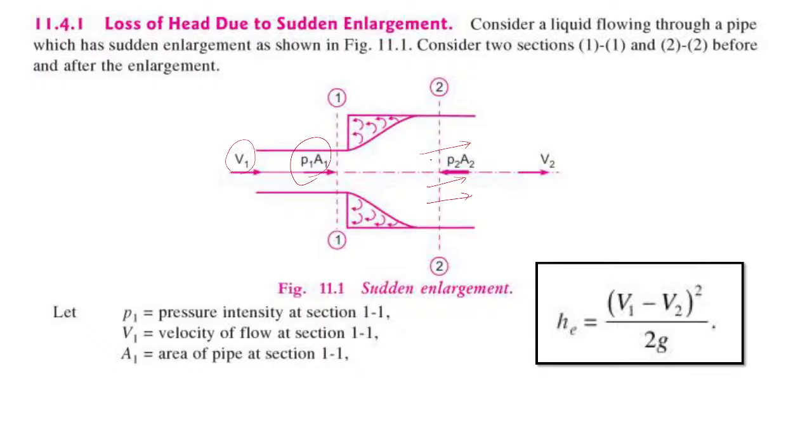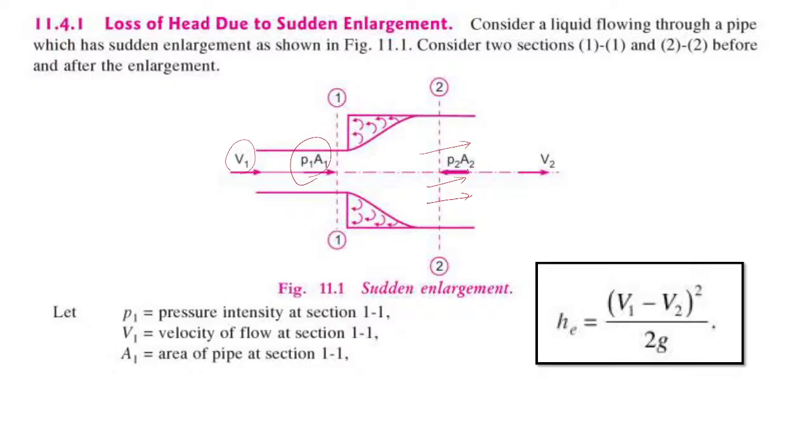Now in that scenario, a sudden expansion is created, right? How do we find the losses when a sudden expansion occurs, when there is a sudden enlargement in the area?